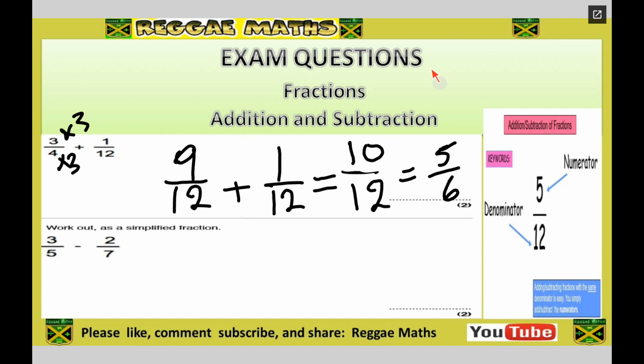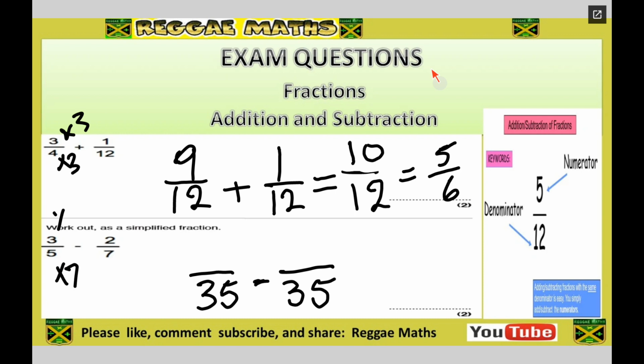Okay, next here, we look at 5 and we look at 7. So the lowest common denominator for 5 and 7 is 35. So 35, take away. So what did I do to 5 to get to 35? I times it by 7.